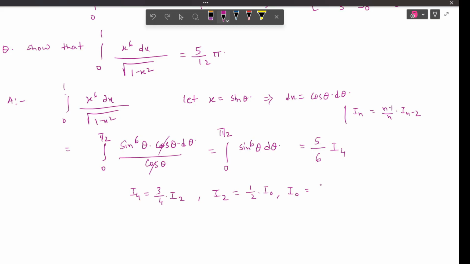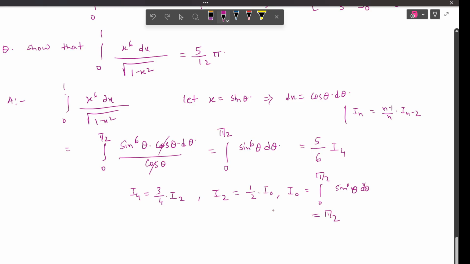So I0 would be the integration from 0 to pi by 2 of sin to the power 0 x dx, or 0 theta d theta. So it would be only d theta, only pi by 2. So we can say that our In is 5 by 6 into I4.